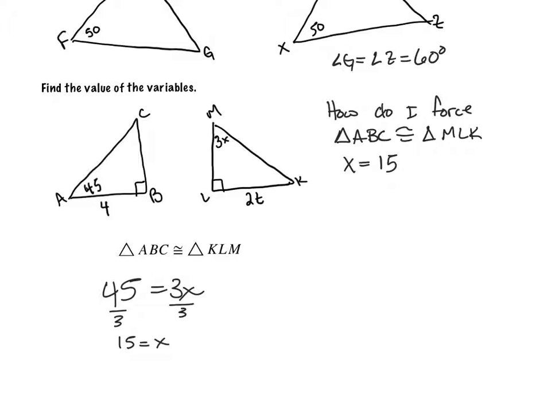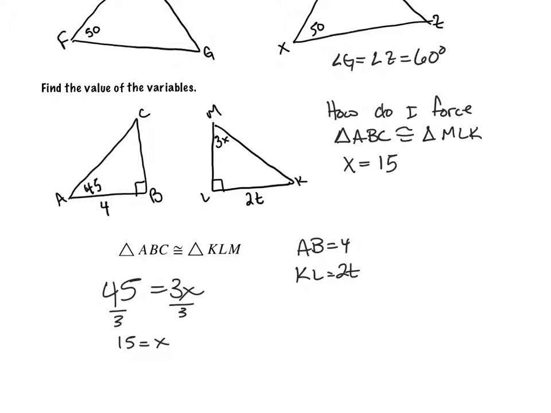Yep. So the last thing is, I have these triangles and I want them to be congruent. So I have AB equal to 4 and KL is 2T. Are those two things corresponding parts in those two triangles if they're going to be congruent?